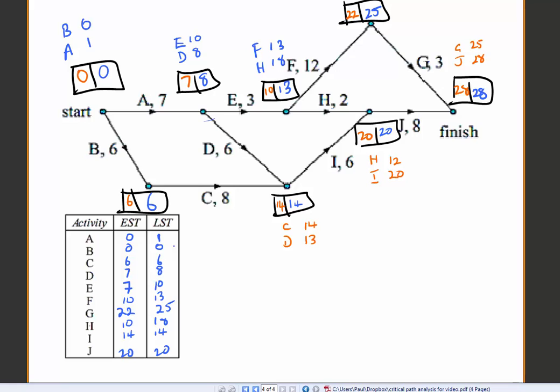Alright, so let's go through and identify the tasks with no slack time. So there's one, there's one, there's one, and there's one. Together those tasks will be our critical path, so let's follow it. Okay, starting at task B. Let's get the highlighter.